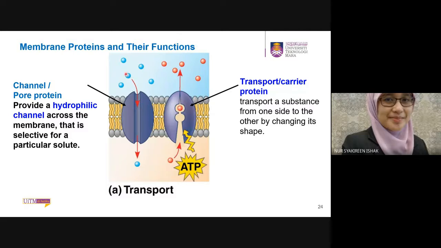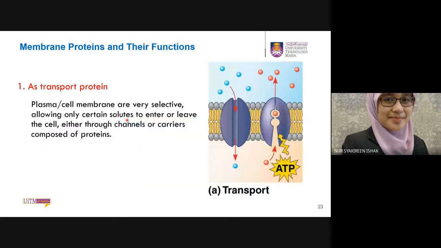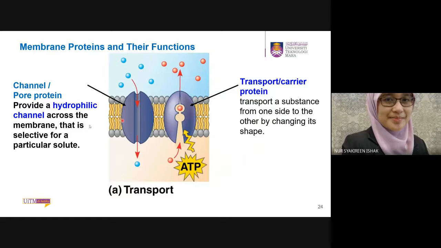Because it allows ions, for example, to pass through the protein, get through this channel to enter into the cell or to exit the cell. Enter or leave. So that is selective for a particular solute.